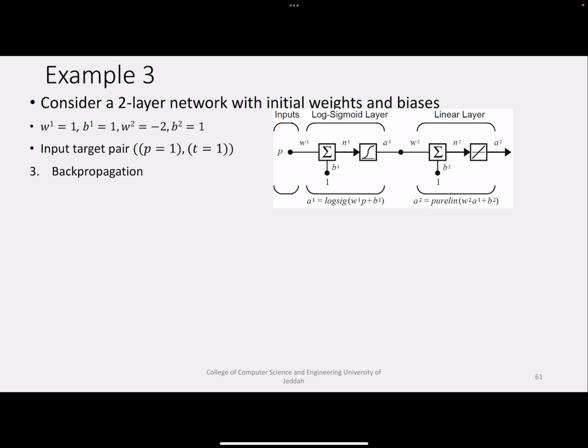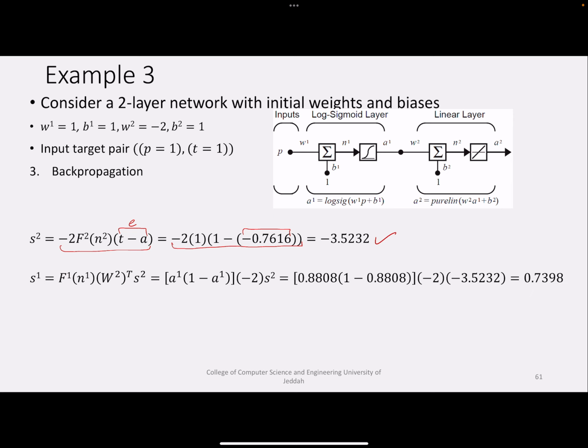We now need to adjust the values of weights and biases. First step, find sensitivity of the second layer. It's the error term over here, t minus a, that's just e. And you get a value for that.